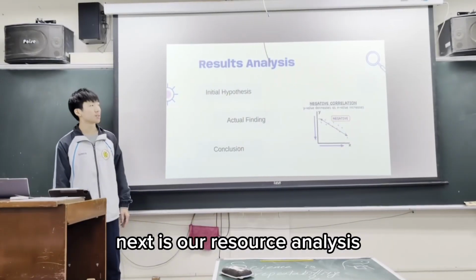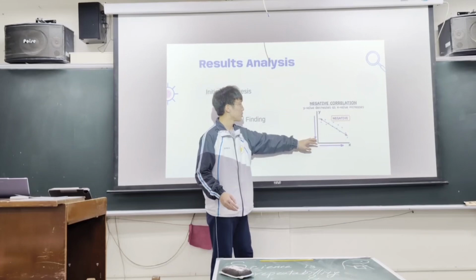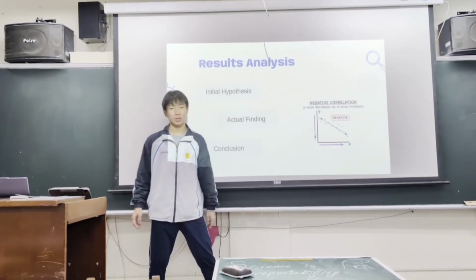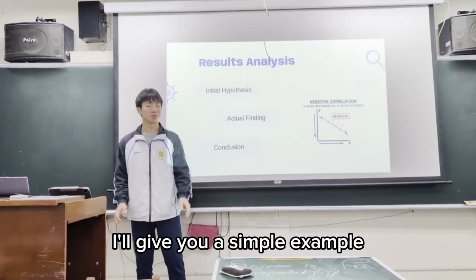Next is our results analysis. When we see this graph, we can see there is a strong negative correlation. So what is negative correlation? I'll give you a simple example.